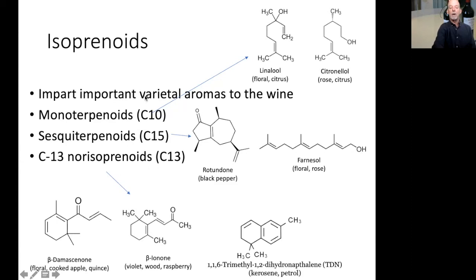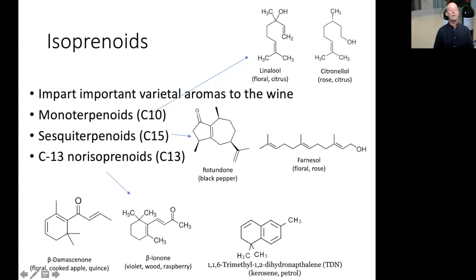Some examples of the monoterpenoids are linalool, which produces a floral or citrus aroma, or citronellol, which is rose or citrus characteristics as well. Sesquiterpenoids are rotundone, which gives you this black pepper aroma found in Australian Shiraz wines, or farnesol, which gives you floral or rose compounds. Some of the C13 isoprenoids are beta-damascenone, which gives you floral, cooked apple, and quince.